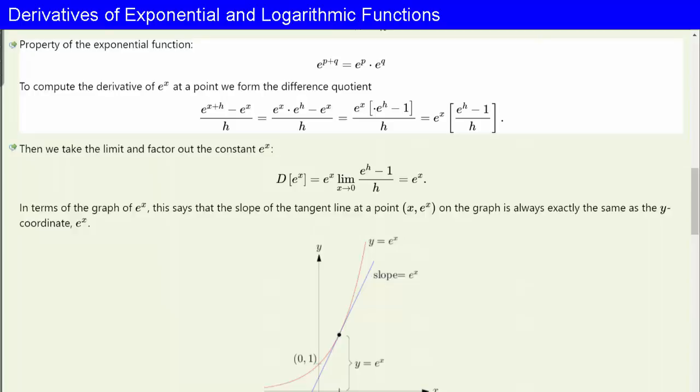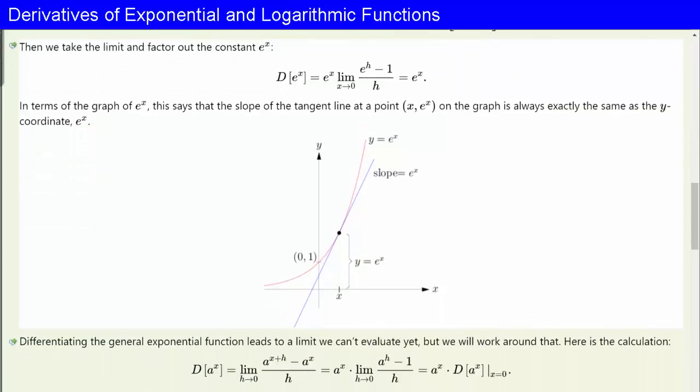That's (e to the power x plus h minus e to the power x), all divided by h. And you can factor e to the x out of this using the property we just mentioned, and write this as the product of e to the x with the quotient (e to the h minus 1) over h.